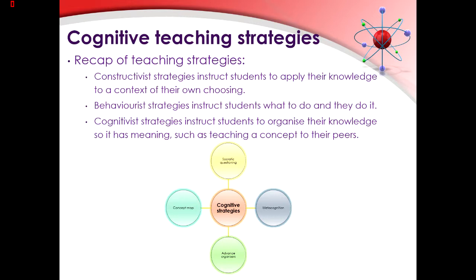So, it's very teacher-directed, where students are instructed to do something and they do it. Whereas cognitive strategies instruct students to organise their knowledge so it has meaning, such as teaching a concept to their peers or organising concepts in a concept map. So it encourages the student to organise their ideas, basically.